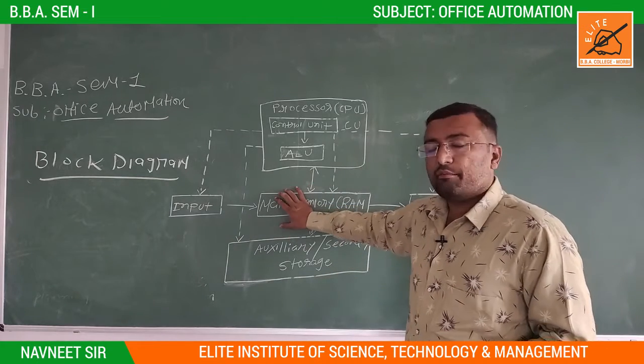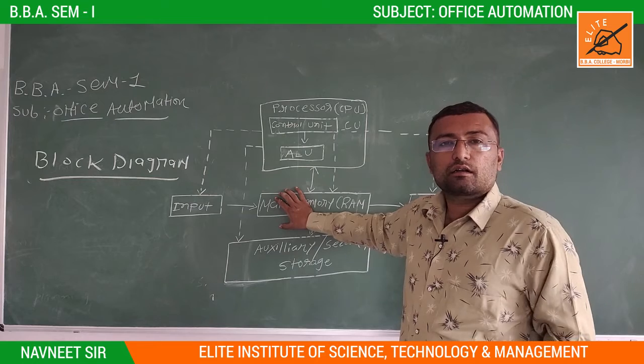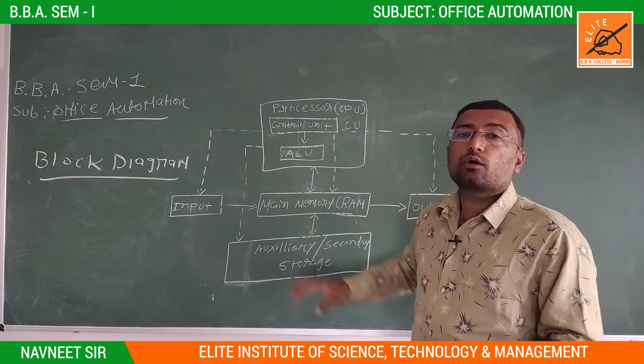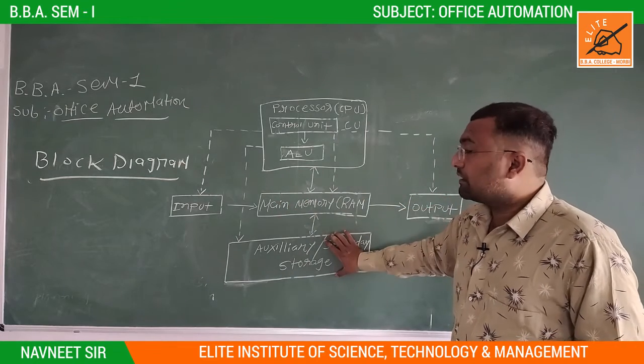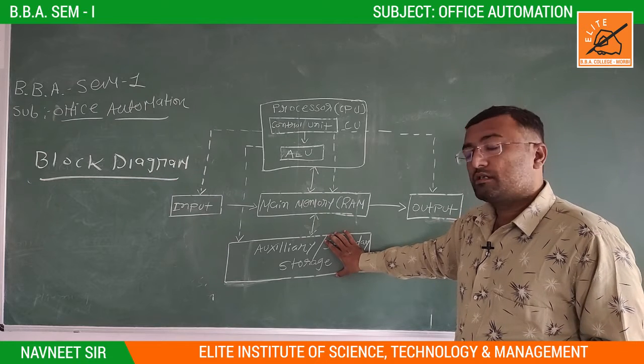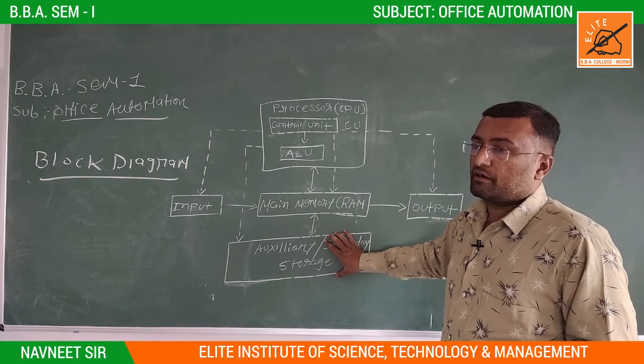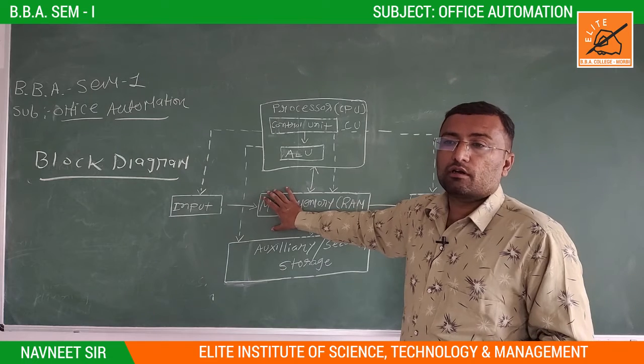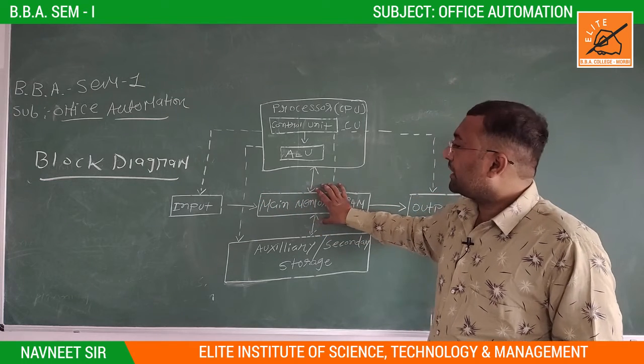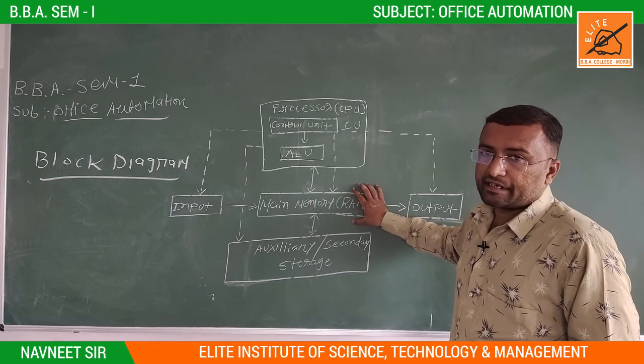But in main memory, whatever data is loaded must be stored into the secondary storage so we can retrieve it. Otherwise, whenever the power is off, that data is erased.